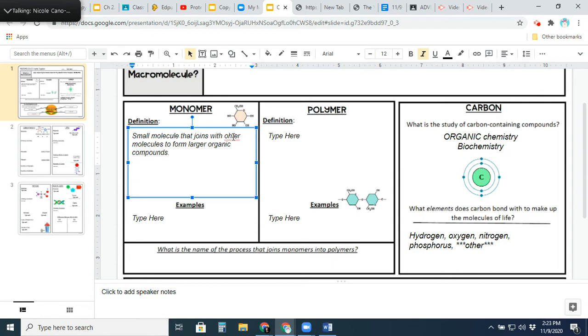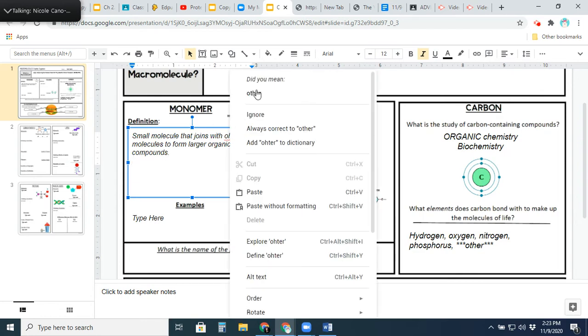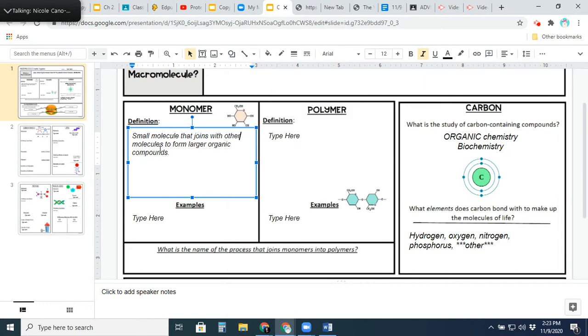All right, so what do we mean by this? What we mean by this is that it is the most basic building block of the macromolecules and polymers.